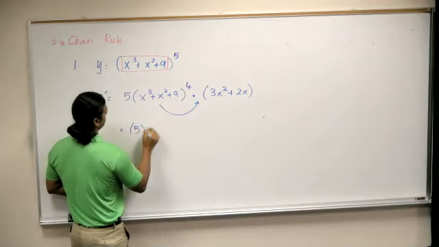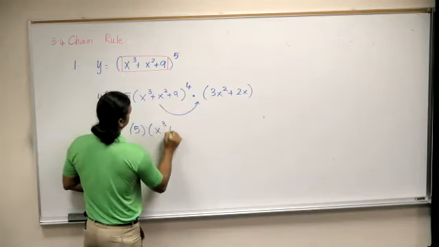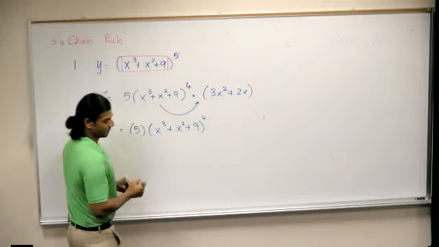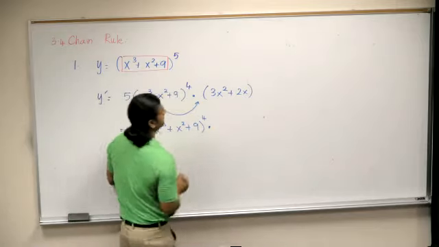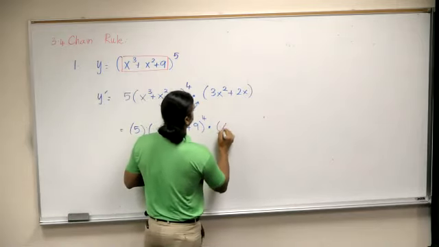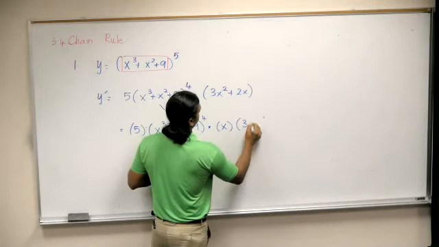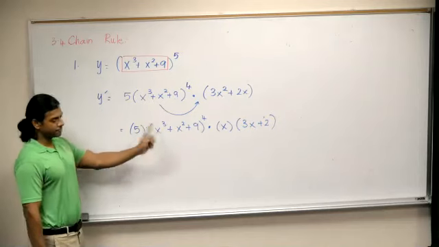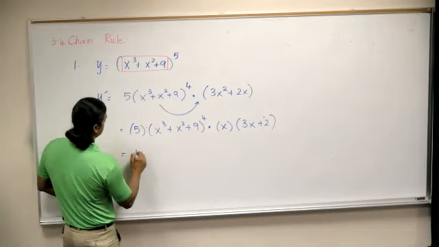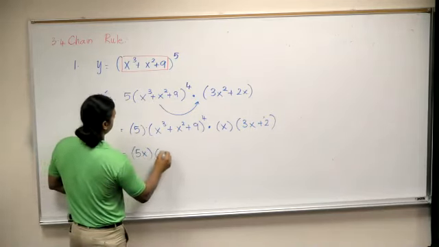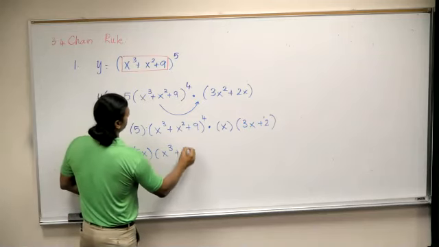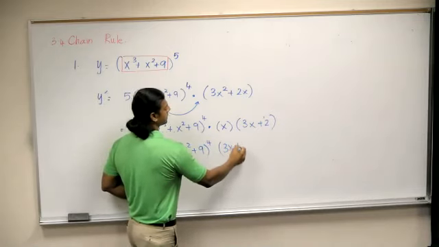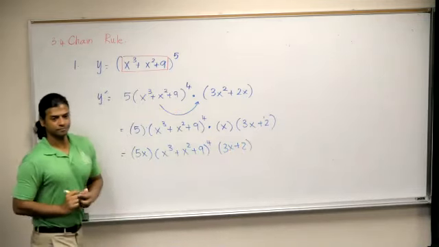So 5 times x cubed plus x squared plus 9 raised to 4, multiplied by, I have x in common, 3x plus 2. Here is the question. Could I write that answer as 5x multiplied by x cubed plus x squared plus 9 raised to 4 times 3x plus 2?